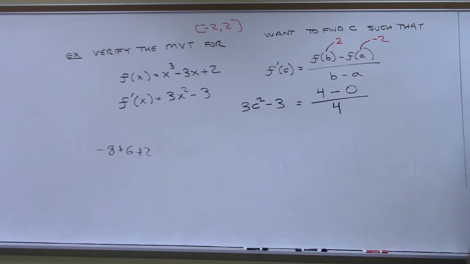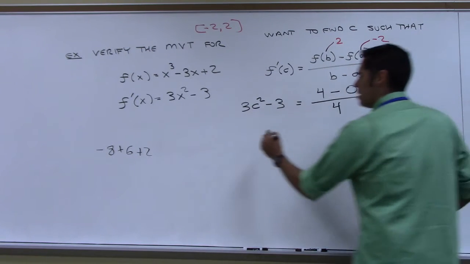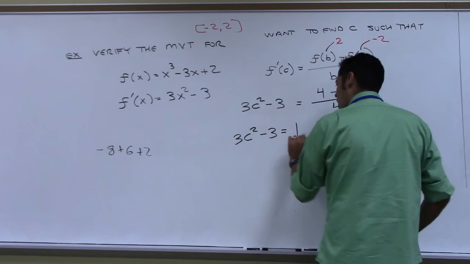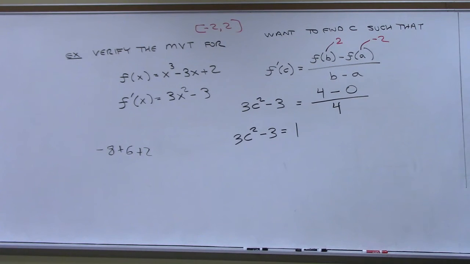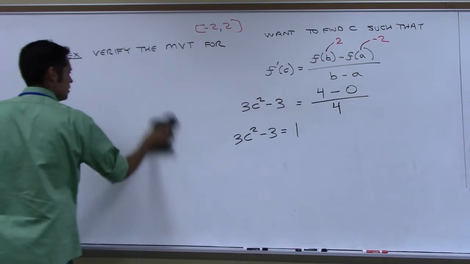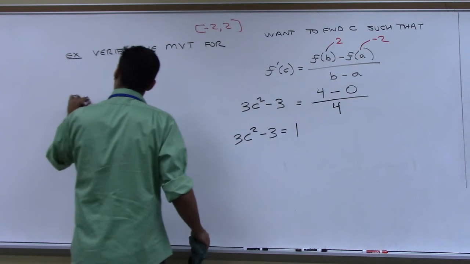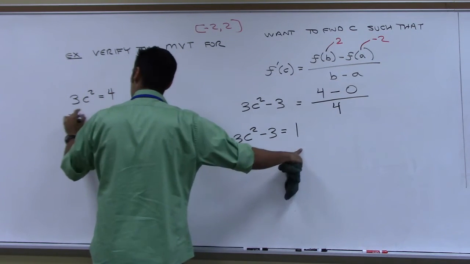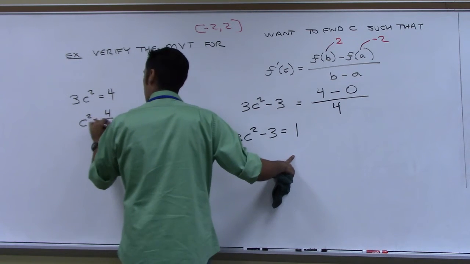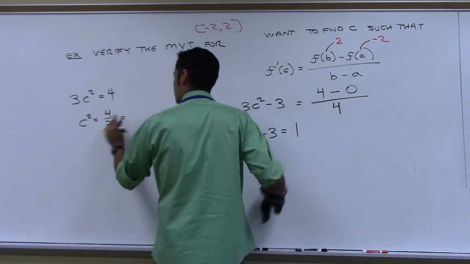So what we get here is that 3c squared minus 3 must equal 1. Solve that for c. And what do you get? Okay, so 3c squared equals 4, moving the 3 to the other side, dividing by 3, and then taking the square root.